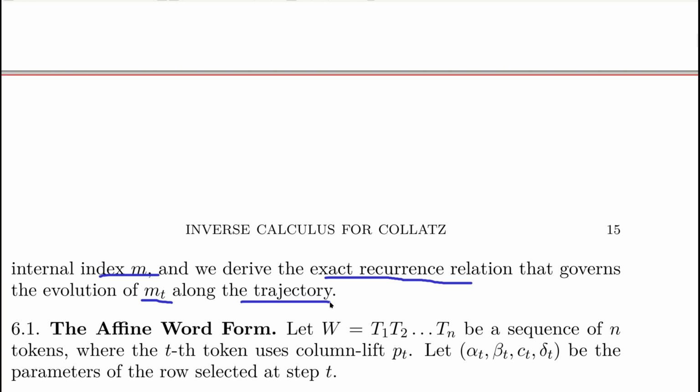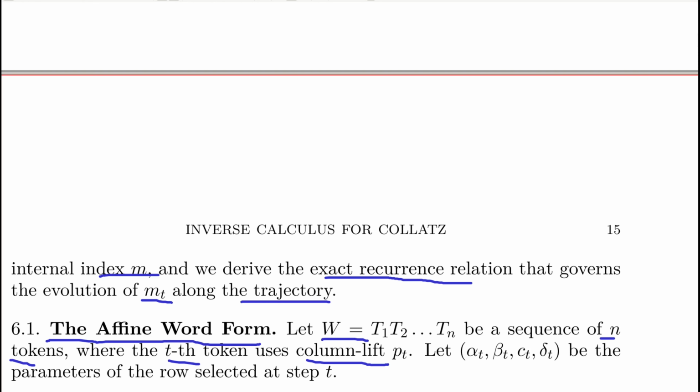So you could say the trajectory T, right? So the affine word form. Let W be T1, T2, all the way to Tn, a sequence of n tokens where the t-th token uses the column lift Pt.